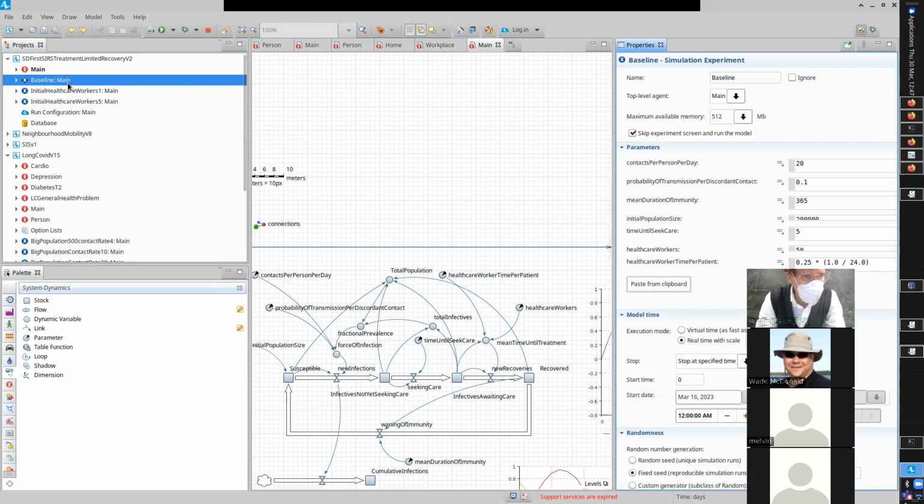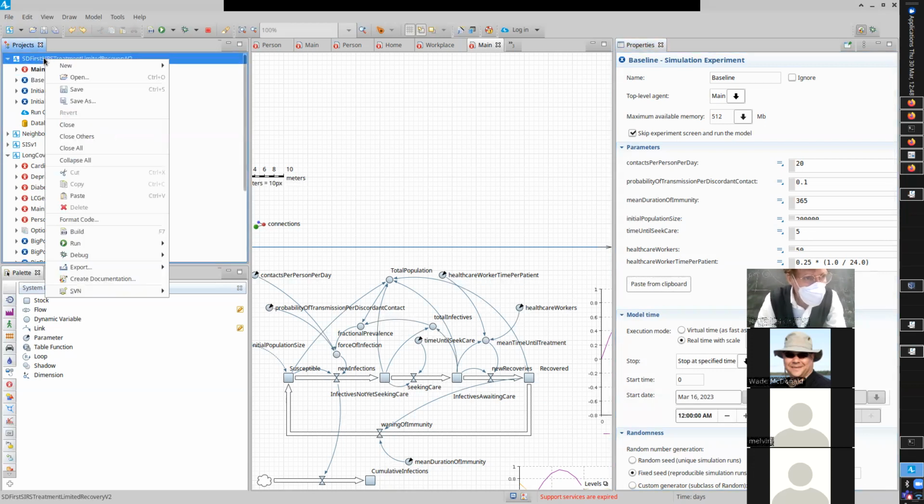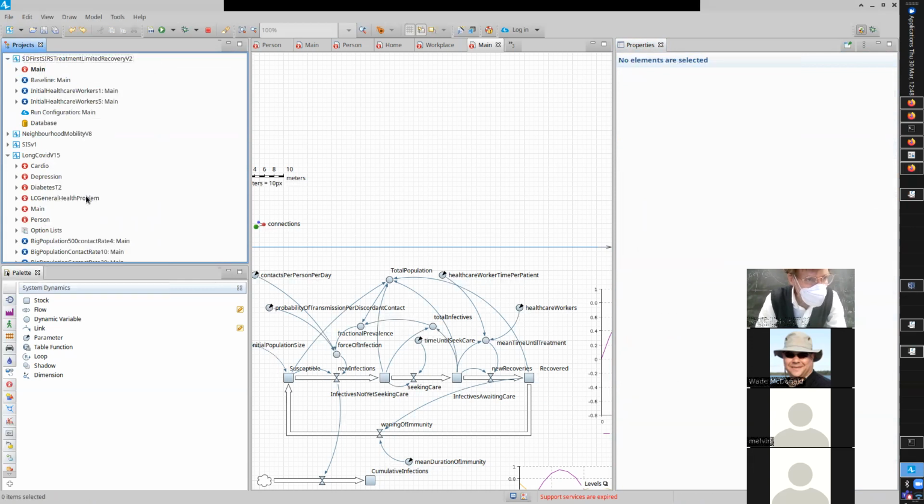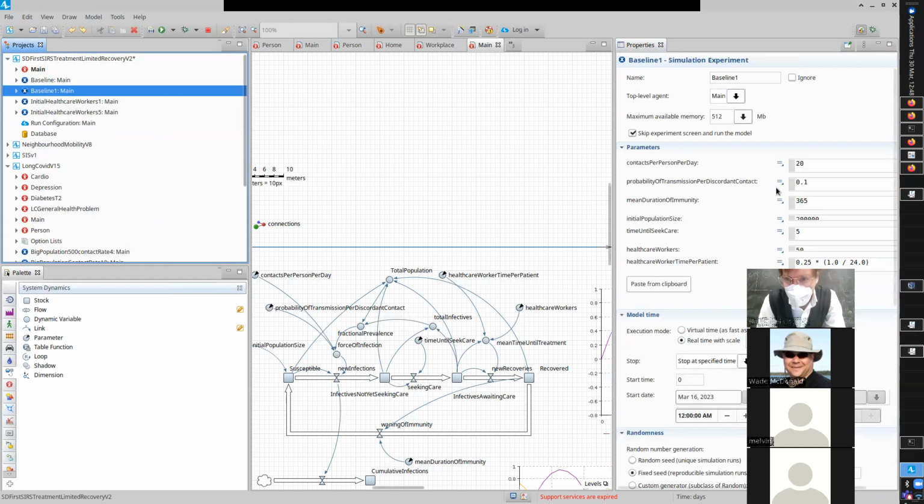If we were to change this here to instead get in place, time until seek care that's smaller. And actually, before I do this, I'm going to change this to a much lower risk of transmission.